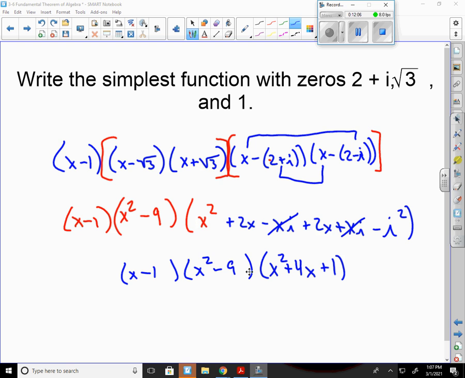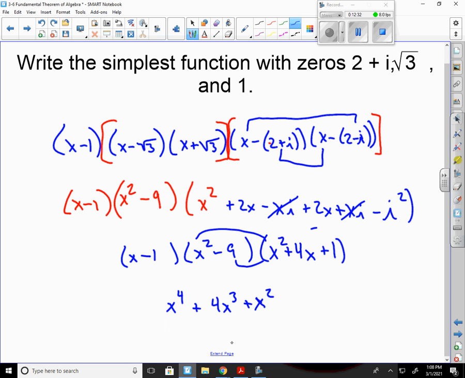So I'm going to do it starting with these back two. X squared times x squared gives me x to the fourth. X squared times 4x gives me plus 4x to the third. X squared times 1 gives me x squared. Now multiply the negative 3 times x squared. That gives me minus 3x squared.